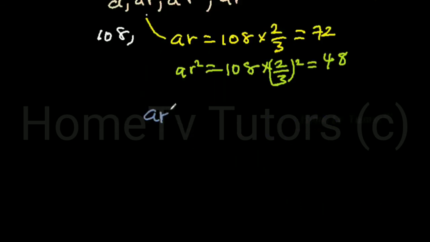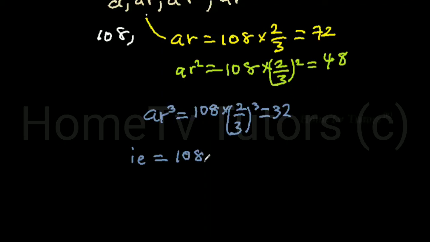Then the fourth term, ar to the power of 3 equals 108 times 2/3 to the power of 3, is equal to 32. So the first four terms are 108, 72, 48 and 32. These are the first four terms of the GP.